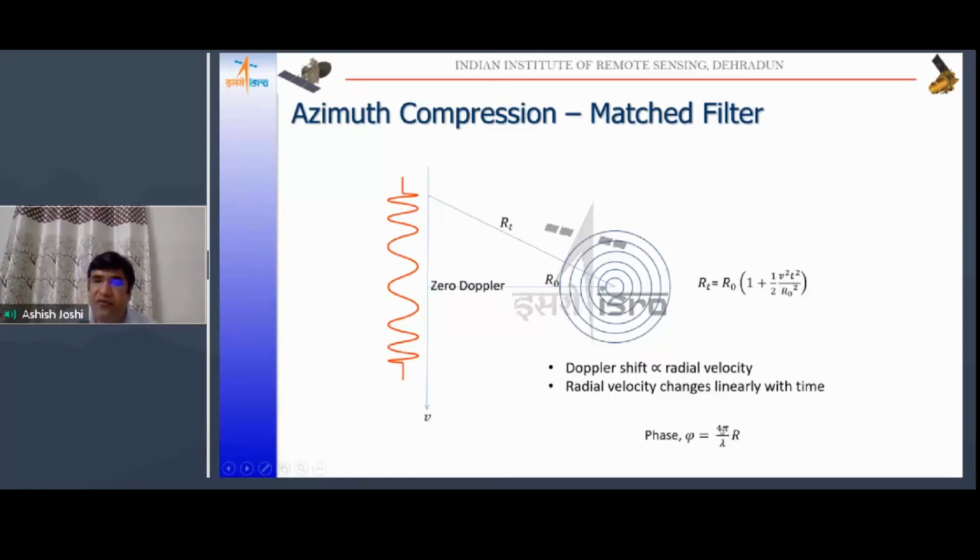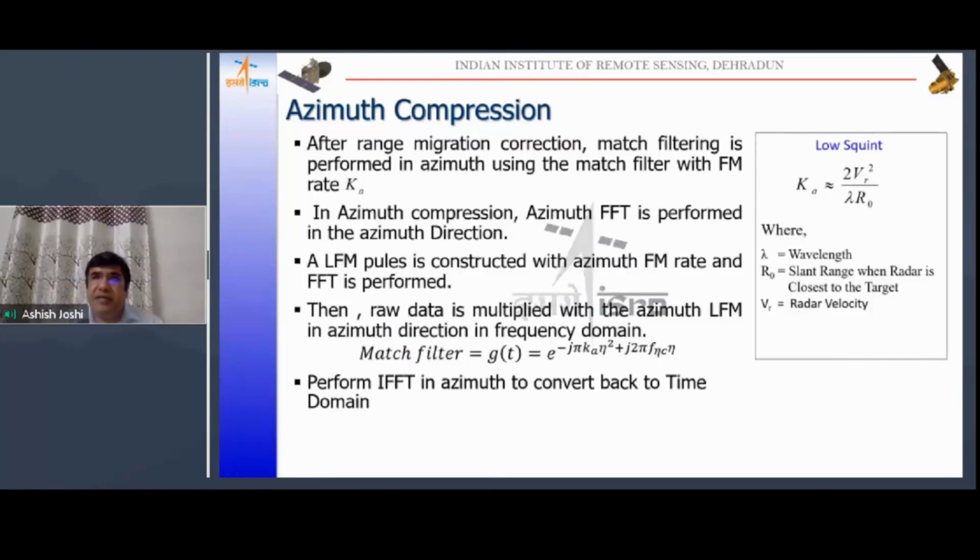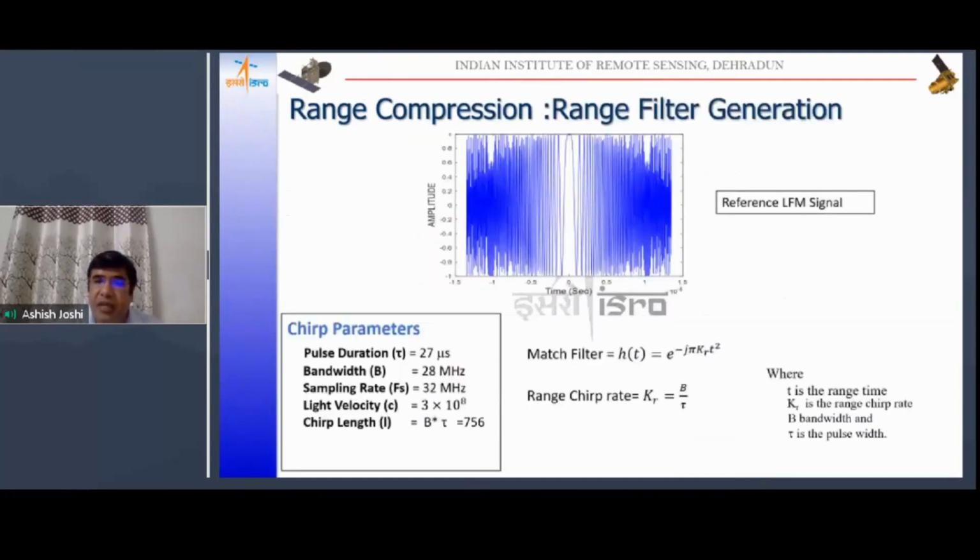Now in the pulse compression, what we have done in the range direction, we made a matched filter which has this formula. In the range compression, for the range FM rate KR we have used B by tau.